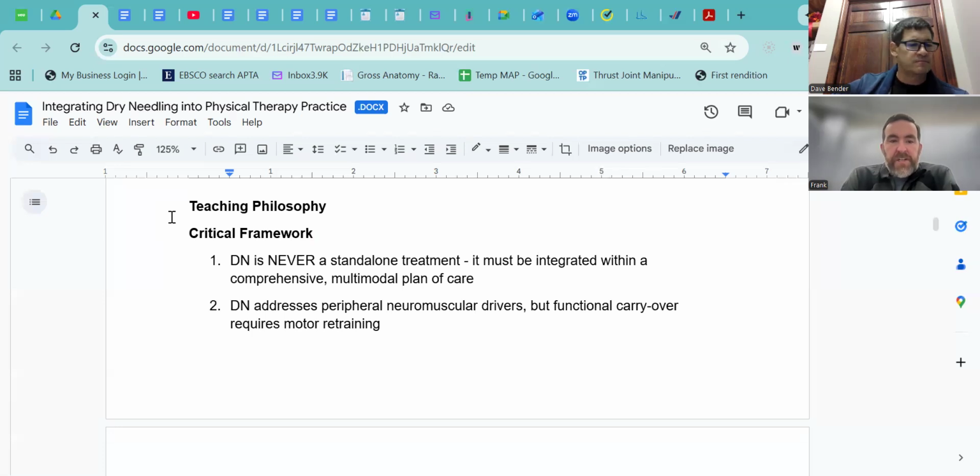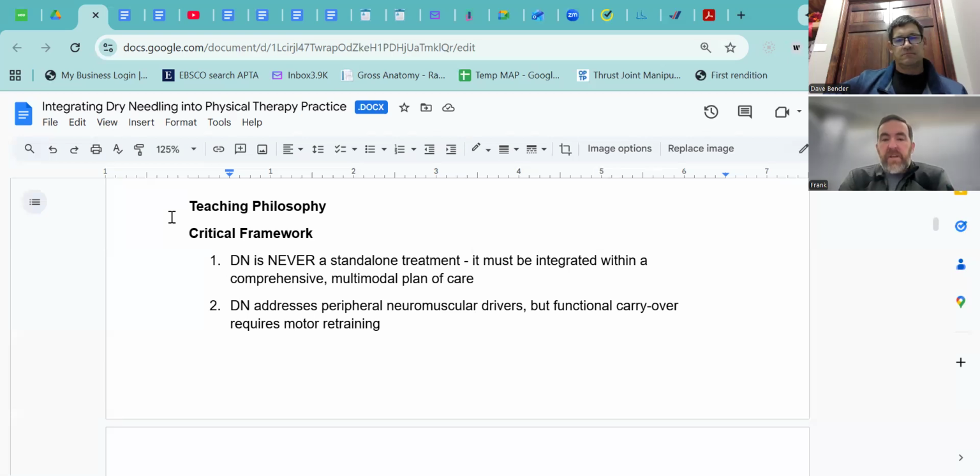In terms of the teaching philosophy, we've tried to echo this in the first couple weeks. In general, dry needling should never really be done as a standalone treatment. The evidence out there on dry needling alone is kind of tough, because that's not really what it's best at.